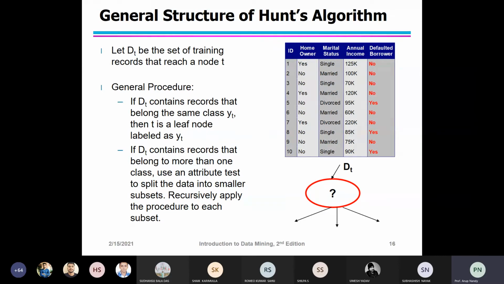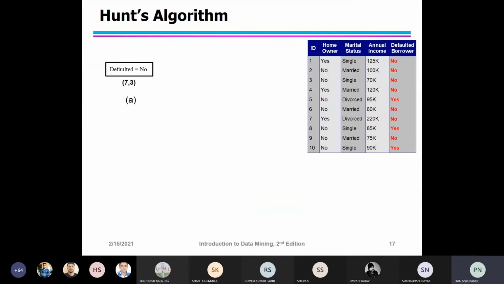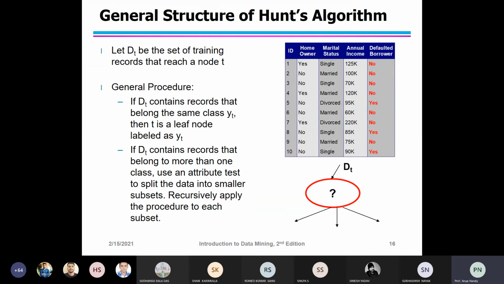Now, to illustrate these concepts, consider the problem of predicting whether a loan applicant will repay her loan obligations or become delinquent.